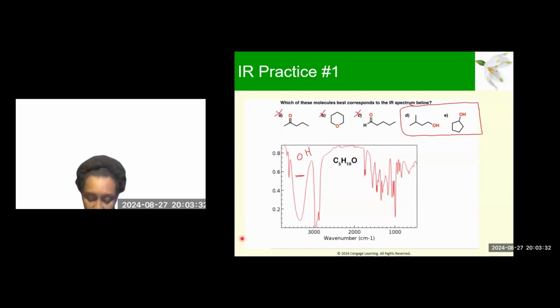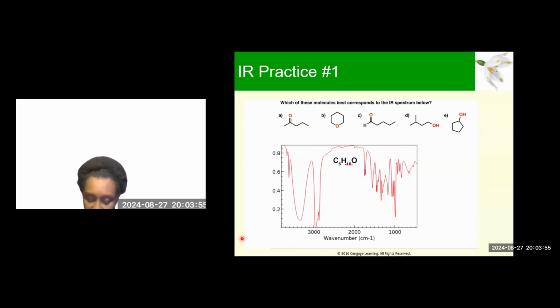And so now I'm going to look at the chemical formula. Well, I notice that the chemical formula has 5 carbons. So let's count. 1, 2, 3, 4, 5. So that has 5 carbons. Let's see this one. 1, 2, 3, 4, 5. So they both have 5 carbons. Well, let's see. It has to have 10 hydrogens.